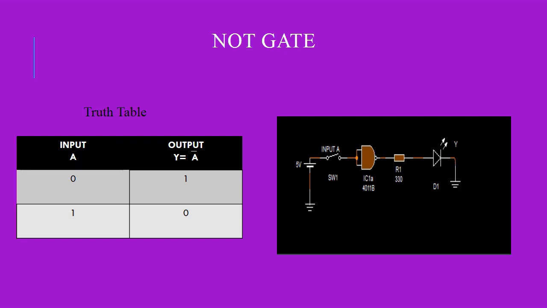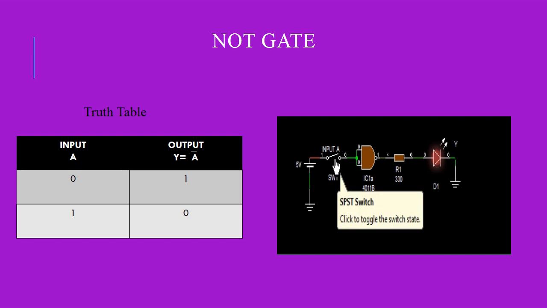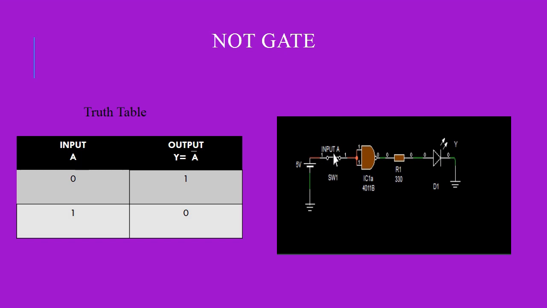How does this work? If the switch is open, that means when input A is 0, we saw in the truth table that the output will be in the on condition, that means the D1 diode is glowing. When the switch is closed, that means input A is 1, the output is in the off condition, so diode D1 is off.